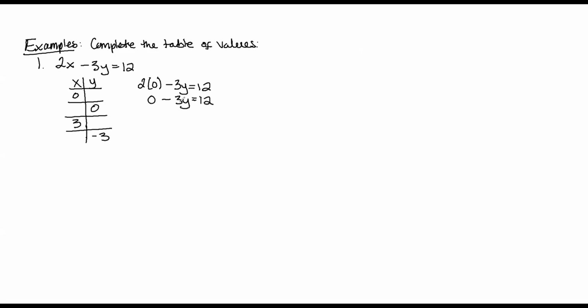So 0 minus 3y is still -3y. So anytime you have this, it just kind of disappears. Equals 12. Divide both sides by -3. And we get y equals -4. So that's our first missing part of the table.